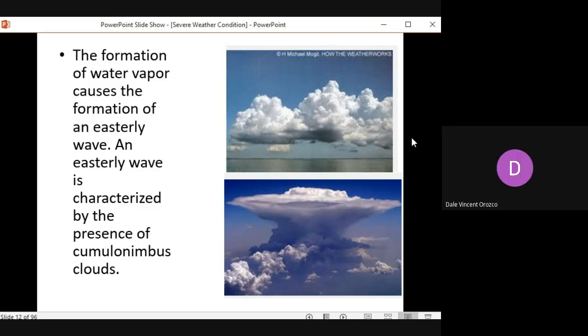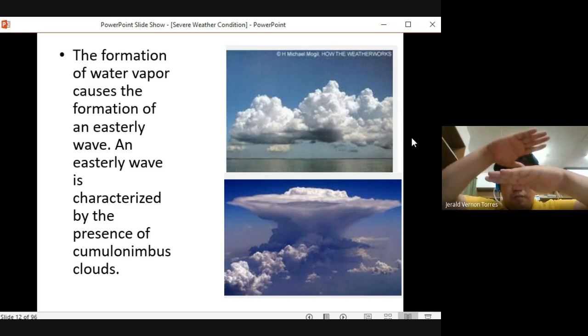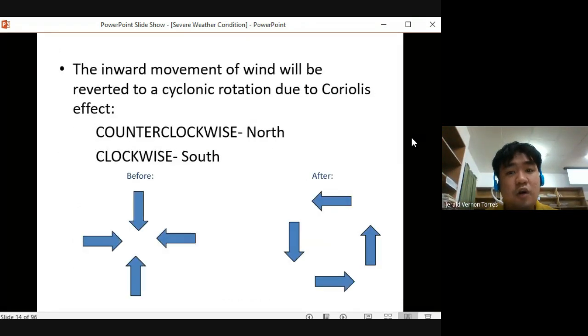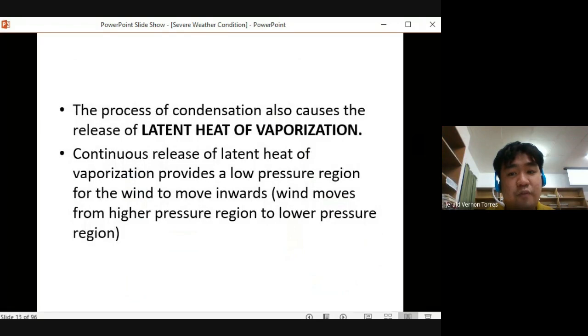Low po. Ito yung upper atmosphere, dahil uminit siya, bumaba yung density or mass niya. Nangyari, gumaan yung upper atmosphere. At sa paggaan ng upper atmosphere, we are able to form a low pressure area. This is when we form what we call as a low pressure area.